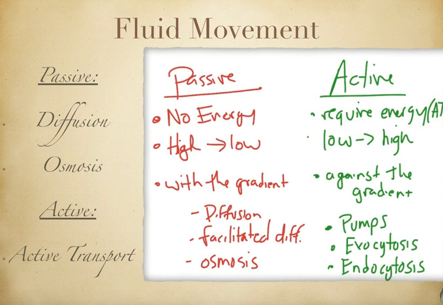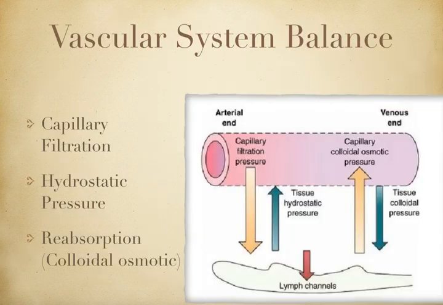There's diffusion, where the solutes, or the stuff in the fluid, move from high concentration to low concentration to balance out, versus osmosis, where the fluid moves to balance itself out, from where there's more fluid to where there's less fluid. So, just a refresher on those main concepts.